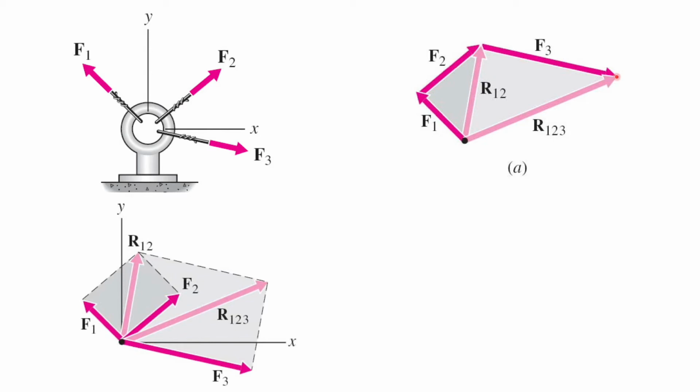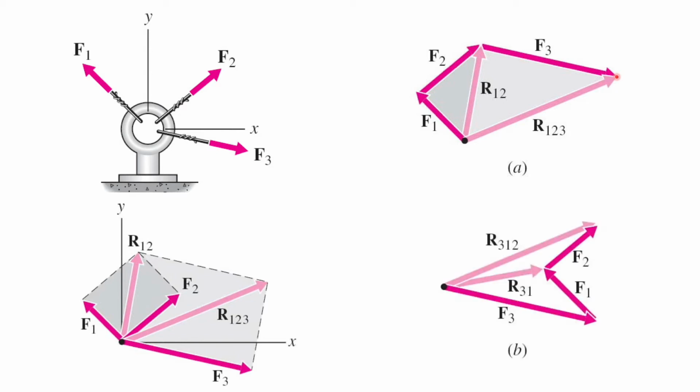Now, the sequence of drawing the different forces does not matter, so you can draw it the other way. For example, here we can draw F3 first. Since F3 is directed this way, we can draw it this way, and then connect F1 or even F2.